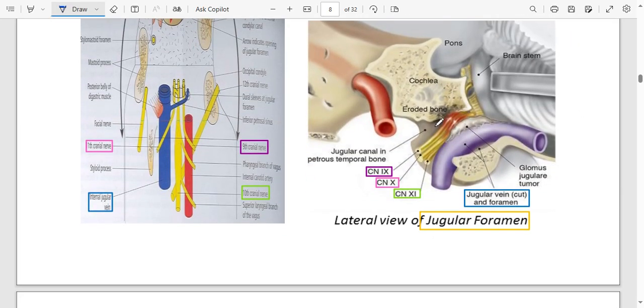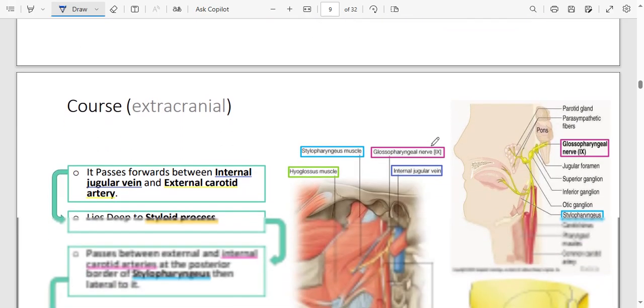So again, you can see here cranial nerve number 9, number 10, and number 11. Can you see where they are coming from here? They are together with the jugular vein in the jugular foramen here, and then you have got these structures there coming out. This is the cochlea part of the ear.